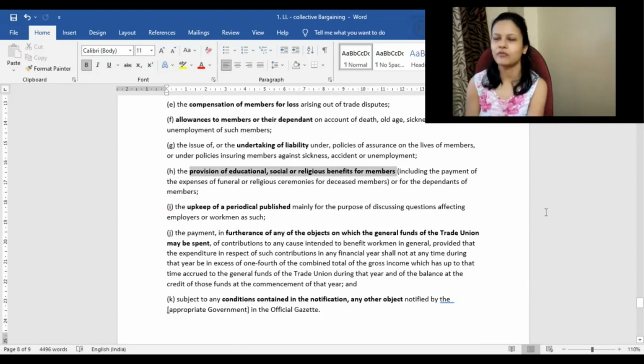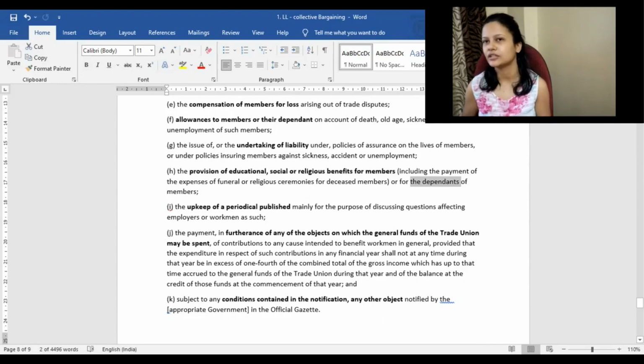Then it may provide some additional benefits to the members as well for their welfare, like provision for educational, social, or religious benefits for members, including payment of expenses of funeral or religious ceremonies for deceased members or the dependents of the members. For their dependents also, they can do some stuff like for their educational, social, or religious benefits.